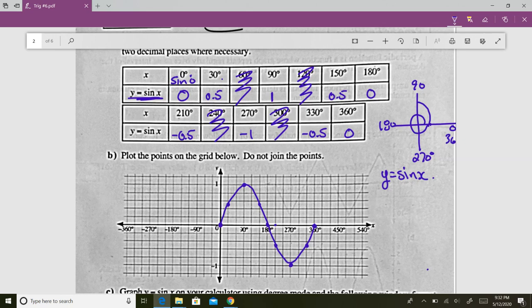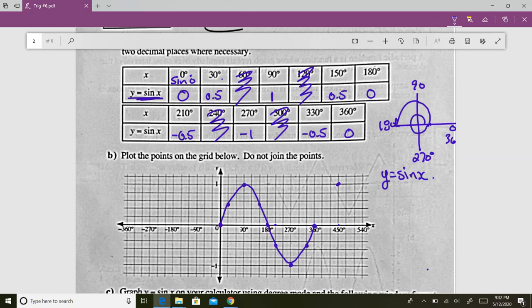It's 360 plus 90 is going to be 450. And at 450, if you put sine of 450 degrees into your calculator, you should get 1. You can keep going. 360 plus 180 is 540.